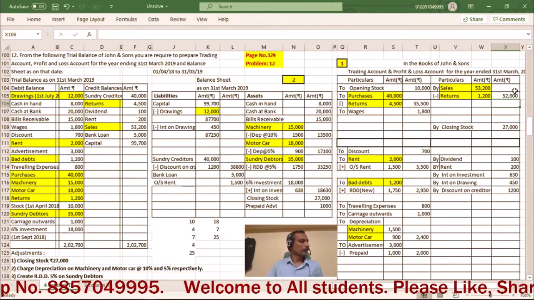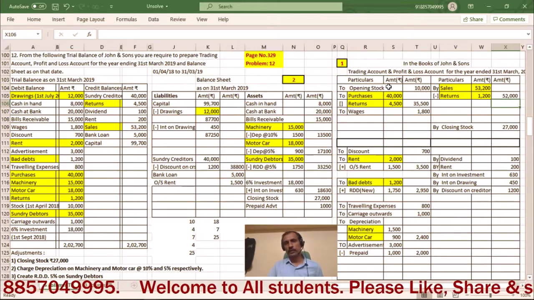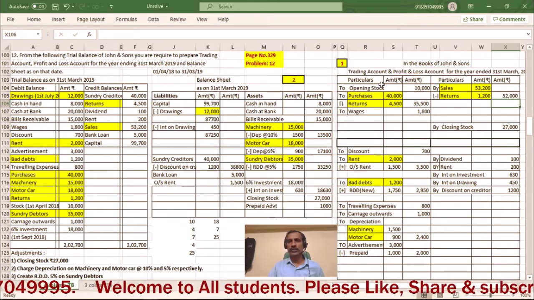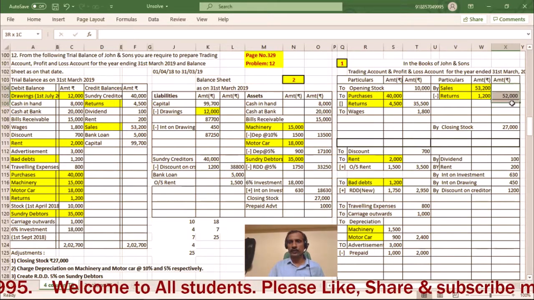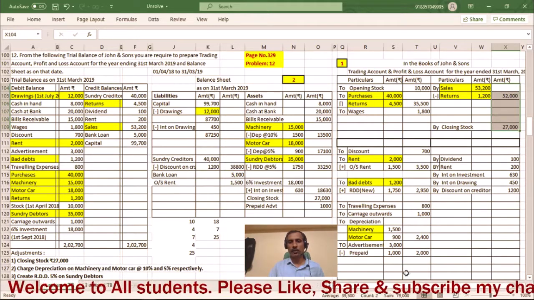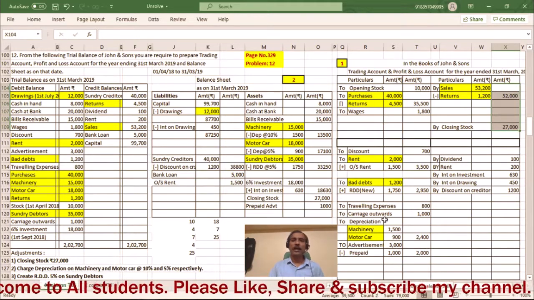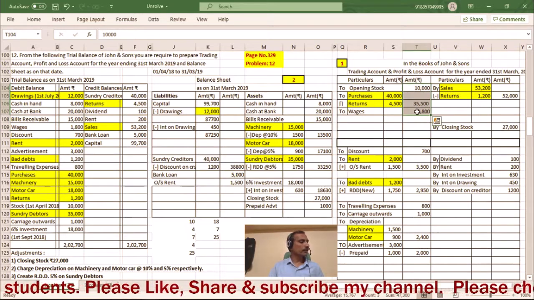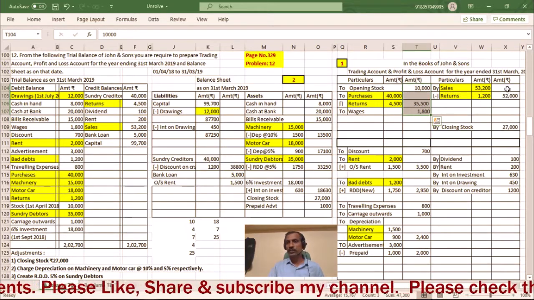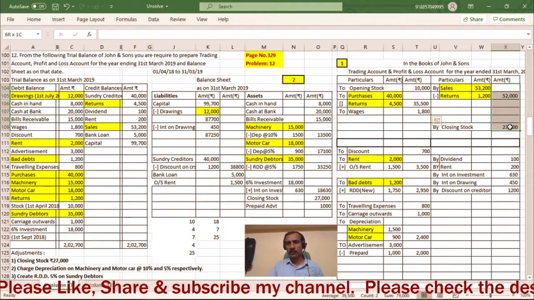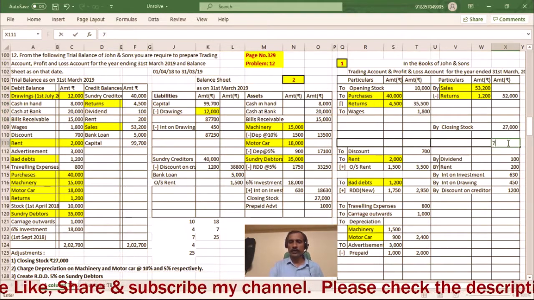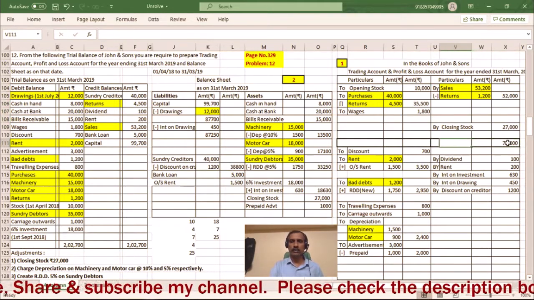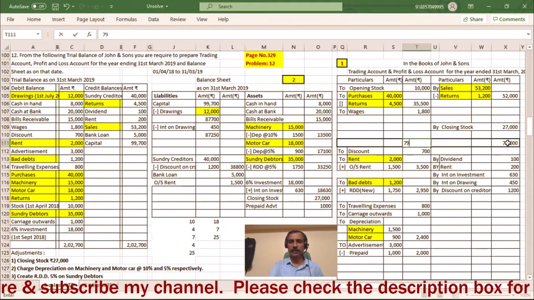After that we have to close the trading account. The trading account credit side total will be 79,000 and the debit side total will be 47,300. Which side is more? 79,000. Show this balance the same on the debit side, 79,000.